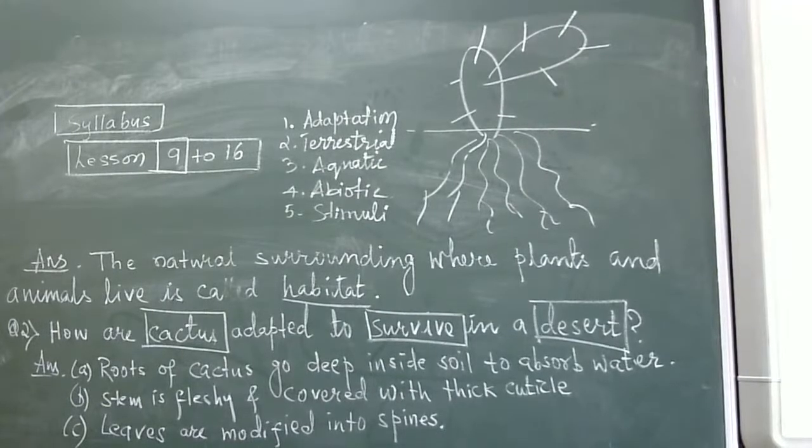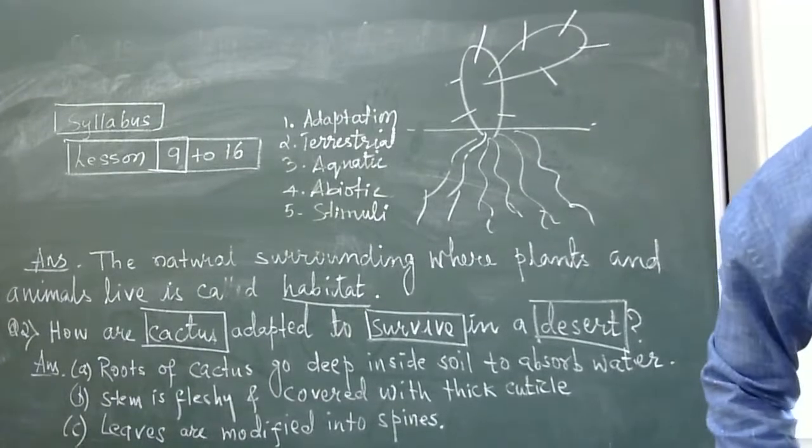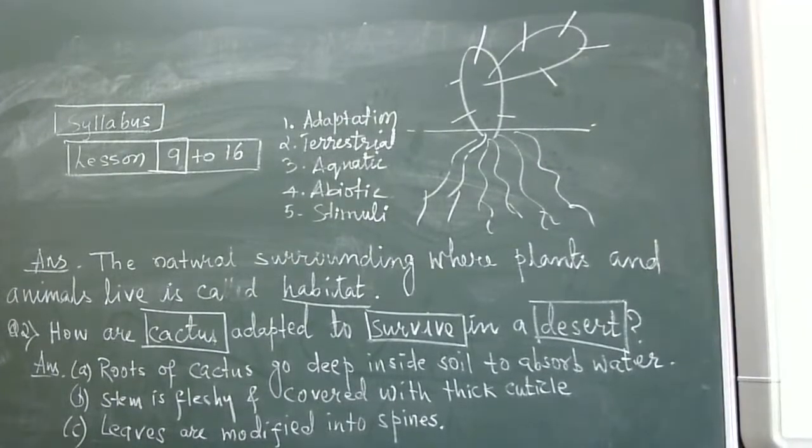So herbivorous animals do not get enough space to hide, and that is why speed is one of the important adaptations they have to escape from carnivorous animals.